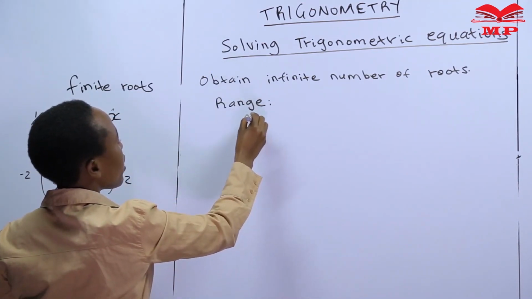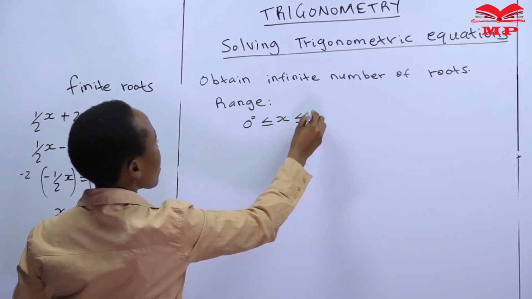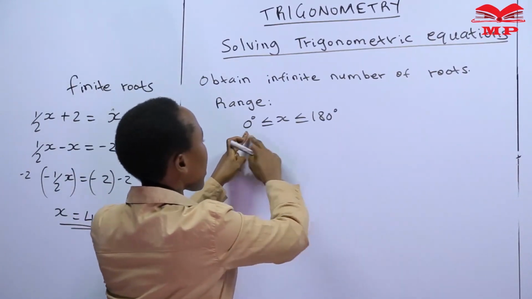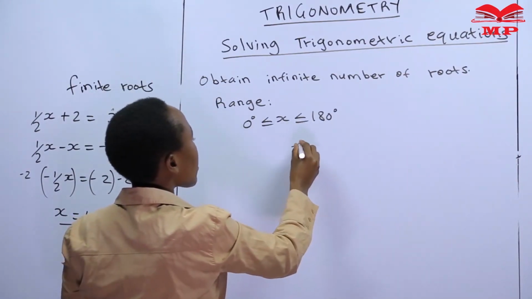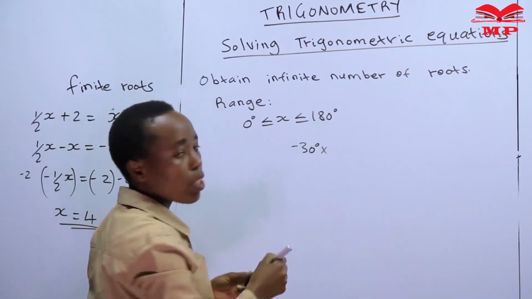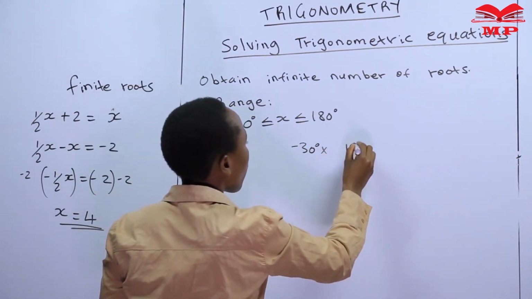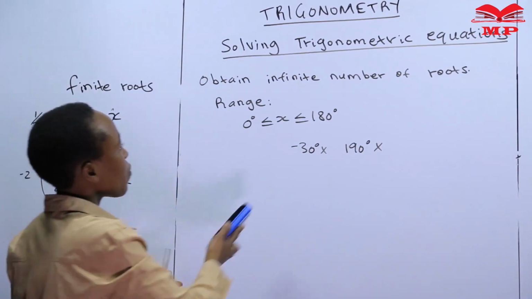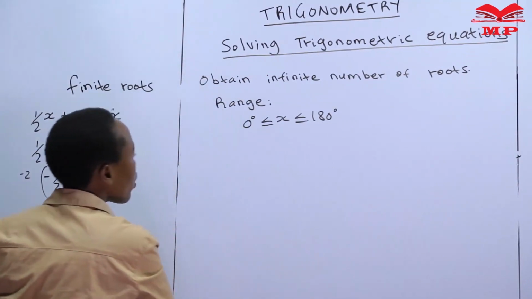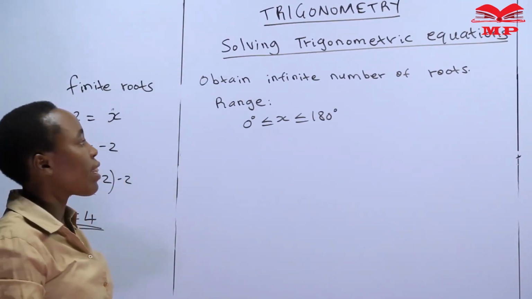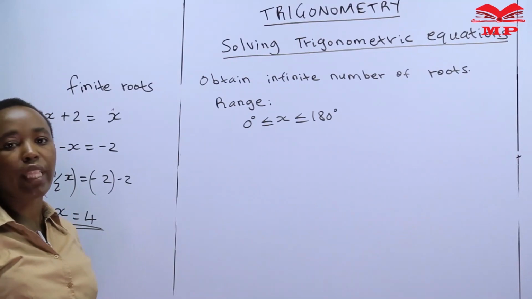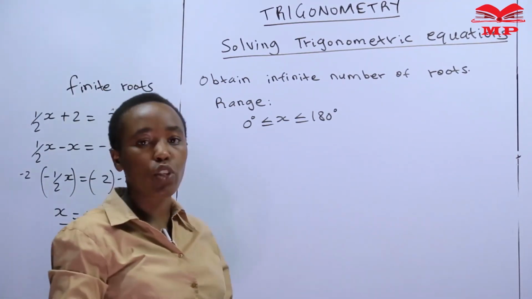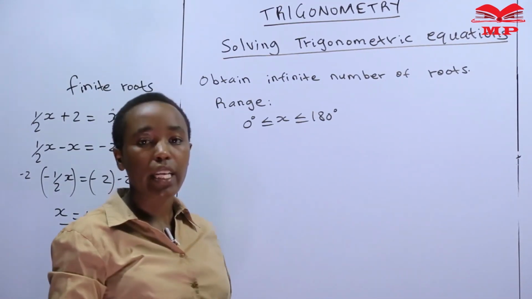For example, when we are given the range 0 degrees up to 180 degrees, you only give the roots that are in between. So when you get an answer like negative 30, you don't include it. When you get an answer, for example, 190 degrees, again you don't include it. So for trigonometric equations, we'll be given the range, and our answers should be within the range. I want us to do various examples so that you can be in a position to solve the trigonometric equations.